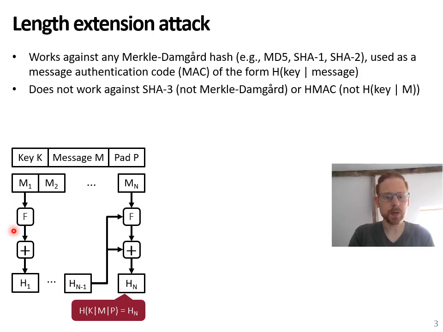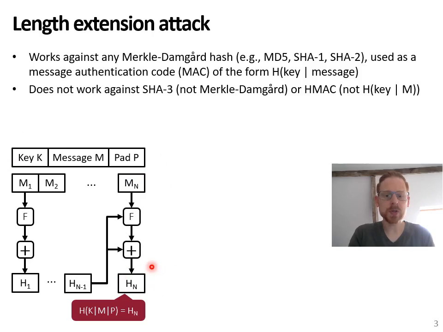The first block is sent through the function f, creating the intermediary hash value h1, and this is then used as input for hashing the next block until finally hash hn of block mn is considered the final hash value of the entire message.